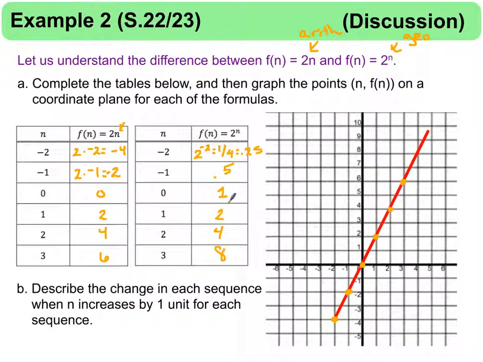So if we plotted those points on the graph at negative 2, 0.25, well, that's down here real small. It's a very small value. And then negative 1, 1/2 is right here. 0, 1, 1, 2 matches right there, and then 2, 4, but then you notice 3 goes up to 8.